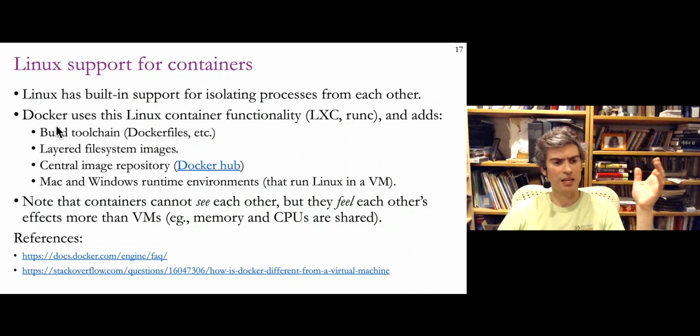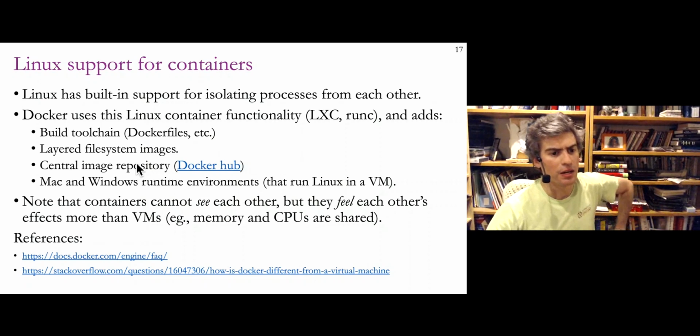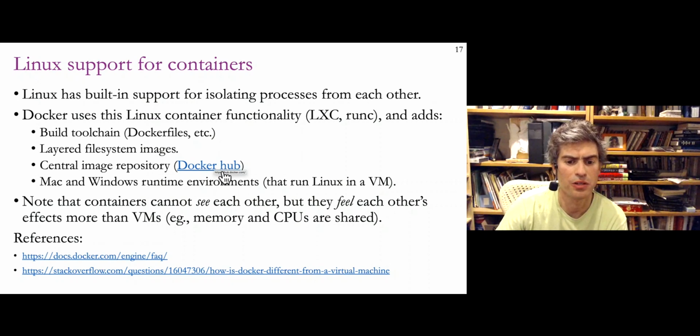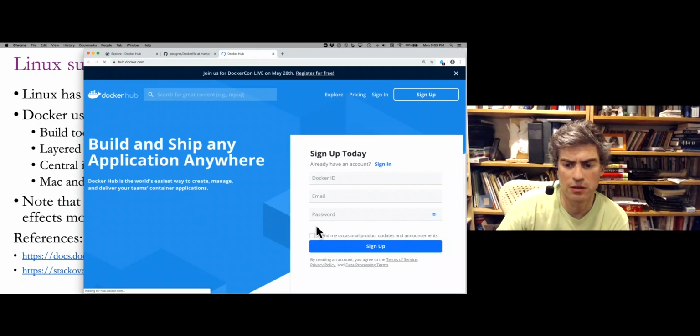So Docker takes that and builds on top of it this Docker file system for building these isolated processes, and the layered file system, and also this Docker Hub central image repository that you can use to build your own containers. So I already showed you one view of Docker Hub.